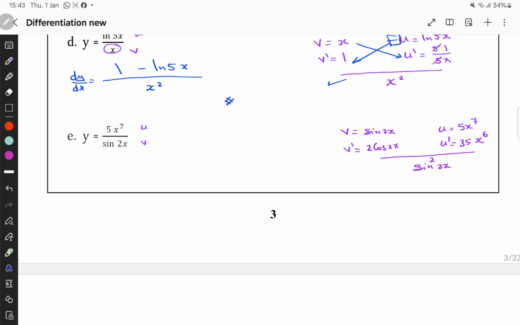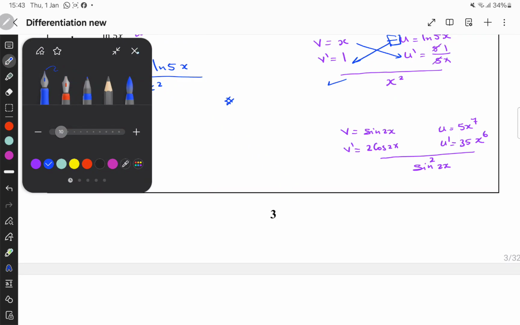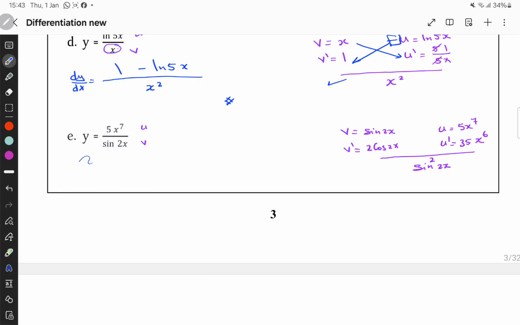So we can find the answer from that. So dy over dx, but you need to show all of that, over, I have here in the denominator sine squared of 2x. Up, v times u dash, we just multiply. We cannot multiply the angle inside with x outside.